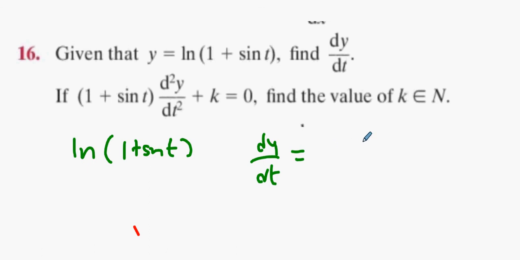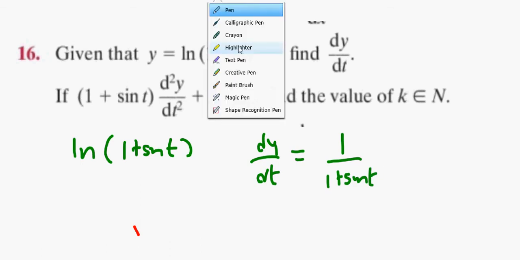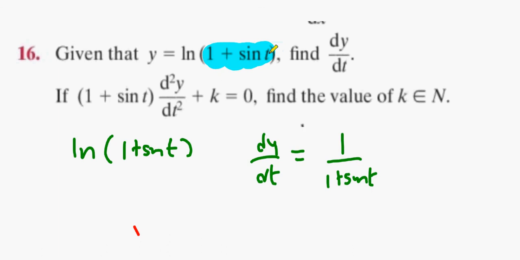It is 1 over 1 plus sine t, and then what do you do with the sine t, or this part here? What do you differentiate it to? Yeah, cos t. So you end up with cos t over 1 plus sine t.